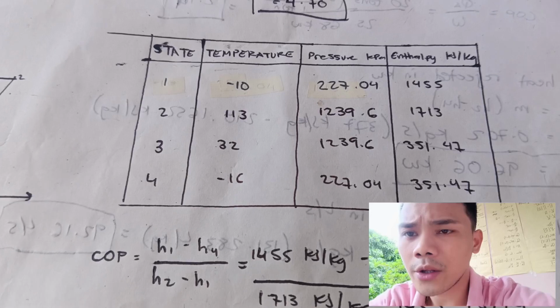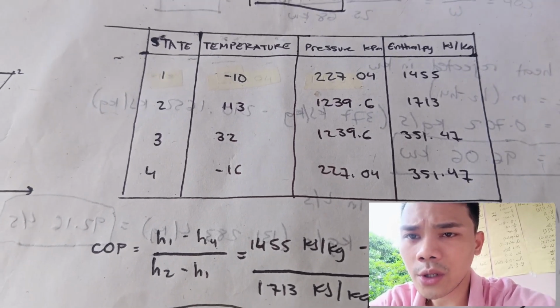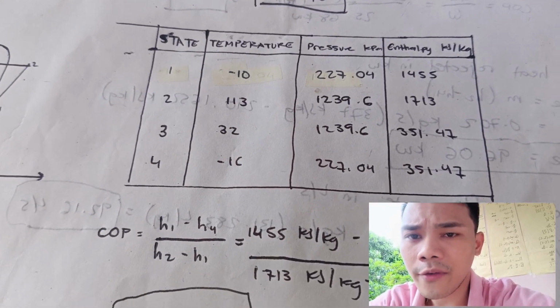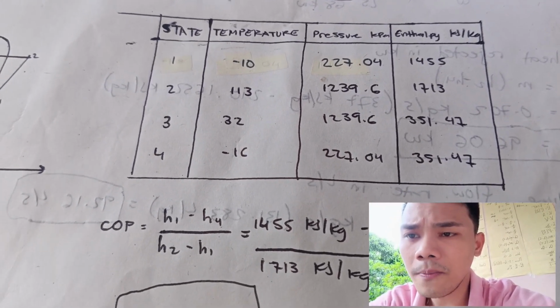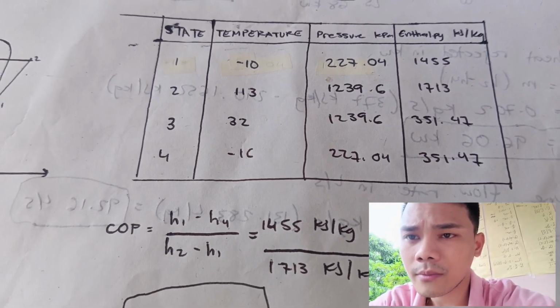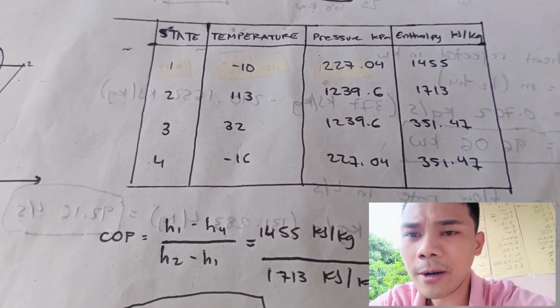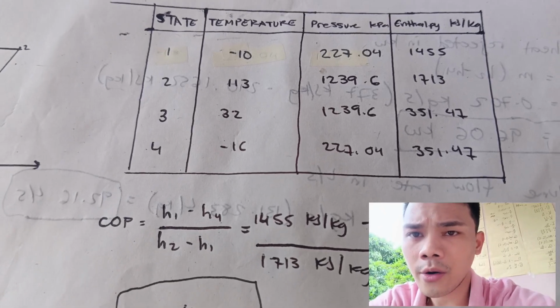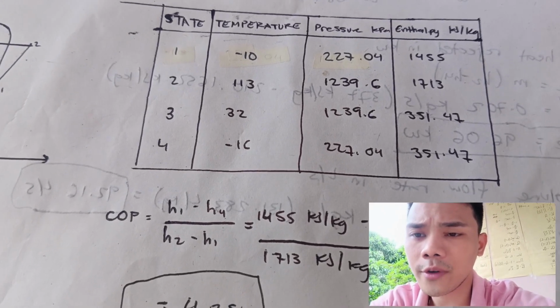State 2, 113 degrees Celsius, 1239.6 kilopascal, and 351.47 kilojoules per kilogram. State 4 is negative 16, our pressure here is 227.04, and our enthalpy is 351.47 kilojoules per kilogram.